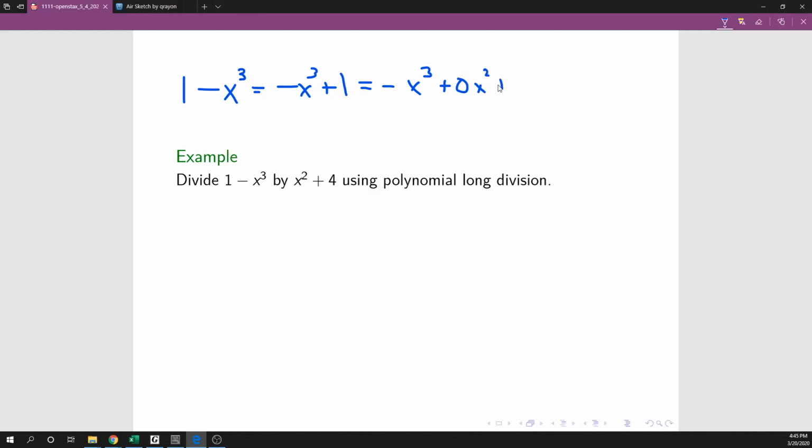The x is missing. Okay, so we have to write those in there. And then the x squared plus 4, it is written in descending powers of x, but we are missing that x term, so we have to fill in for it. So that would be x squared plus 0x plus 4. Like so.